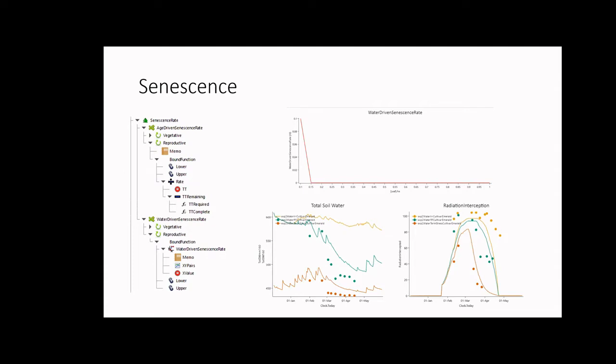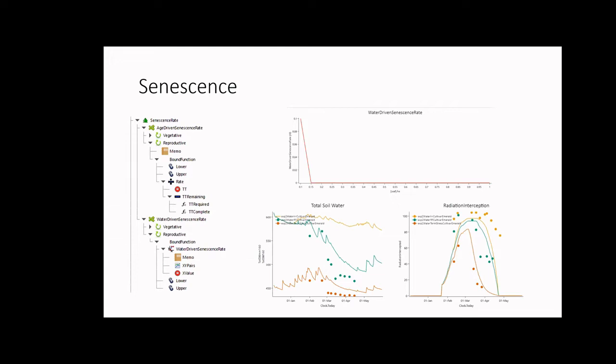And then we have a water-driven senescence rate that would be initiated at the end of canopy development, where when the leaf FW, or the status of water in the leaf, reaches 0.15, so there's a slight amount of stress, we have a rate that, if it exceeds the age-driven senescence rate, is the dominant senescence rate that is occurring in the plant.